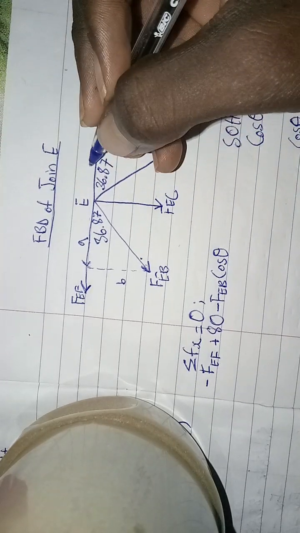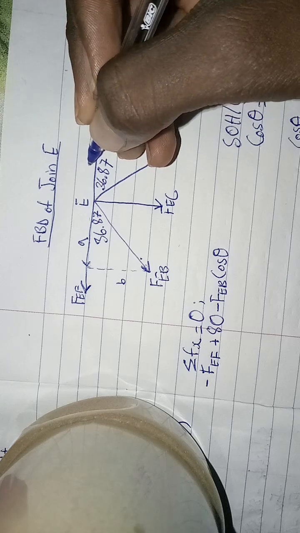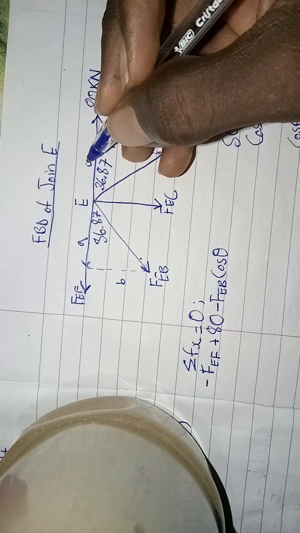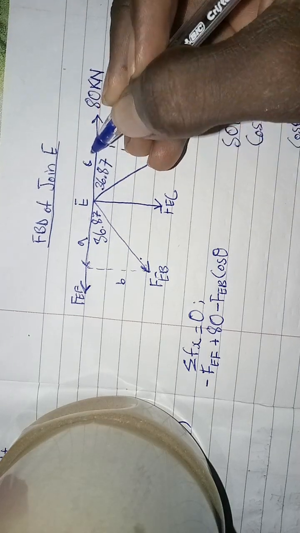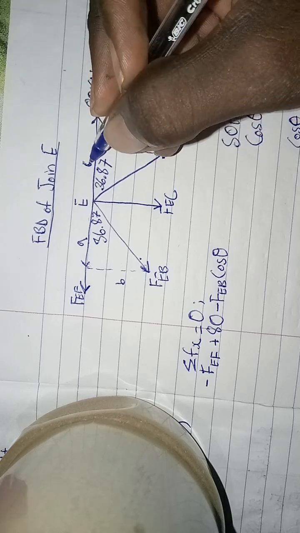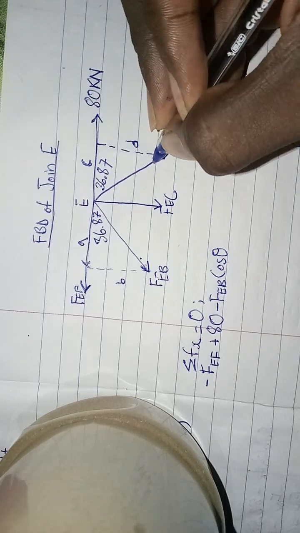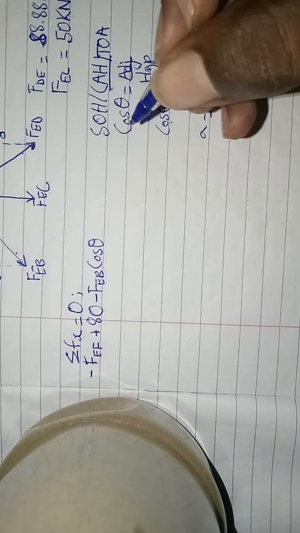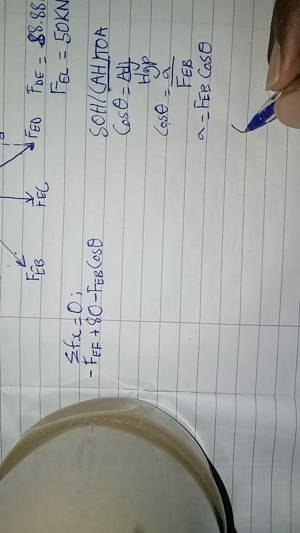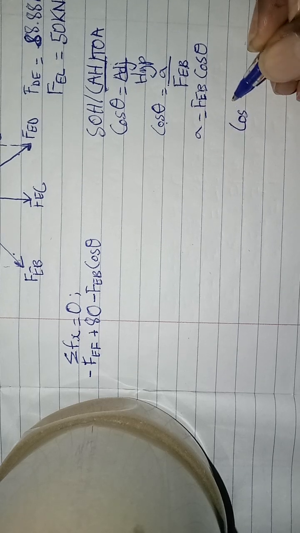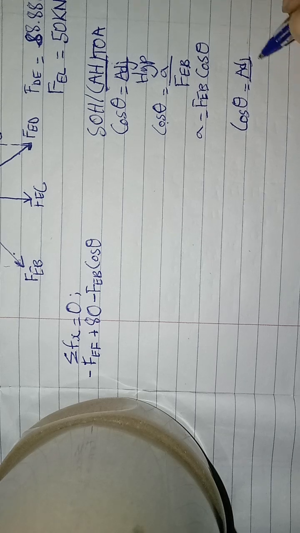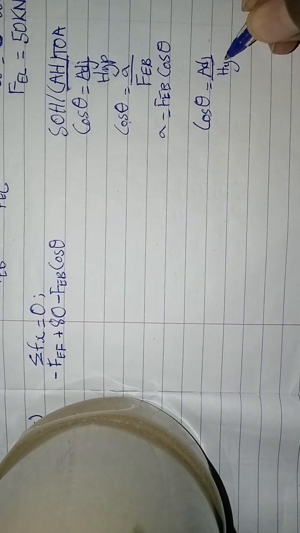Let's assume here to be C and D. C is the adjacent, so we are dealing with the adjacent and the hypotenuse, cos theta, adjacent over hypotenuse.